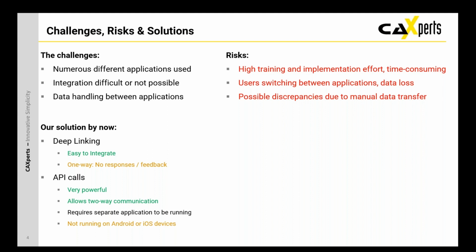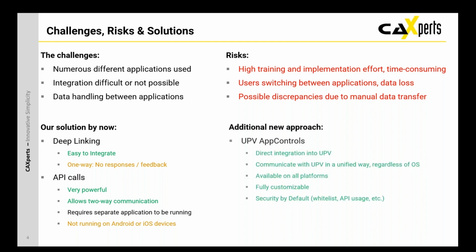So finding out that we're actually on a really good way here, but still have some limitations, we added a new approach, which is the UPV AppControls, which directly integrate into UPV. So they can be called in a window inside UPV and run completely embedded, and thus can communicate with UPV in a unified way, regardless of the operating system used.